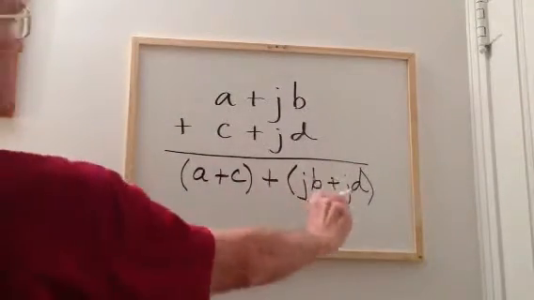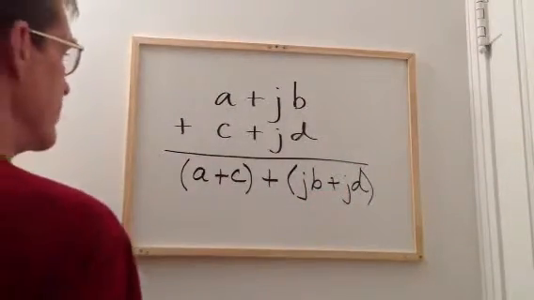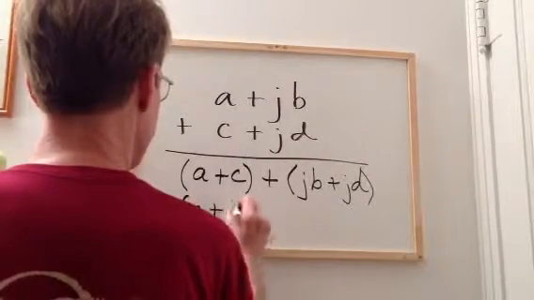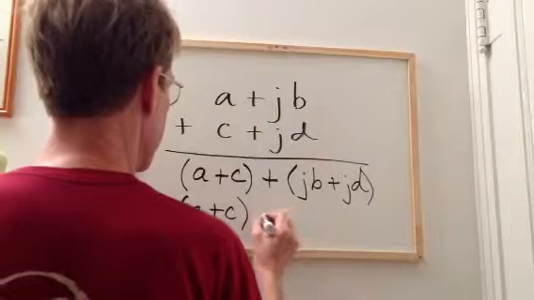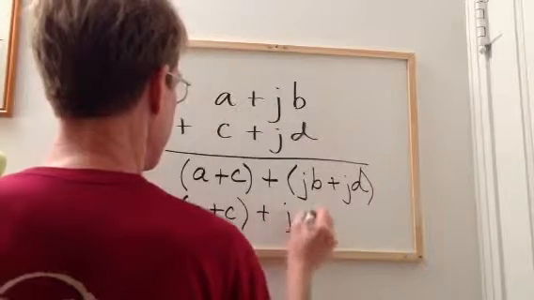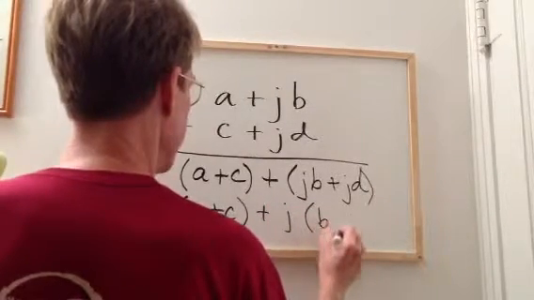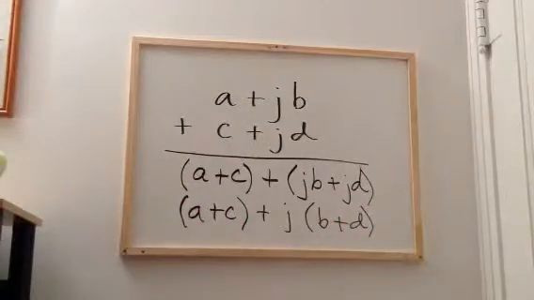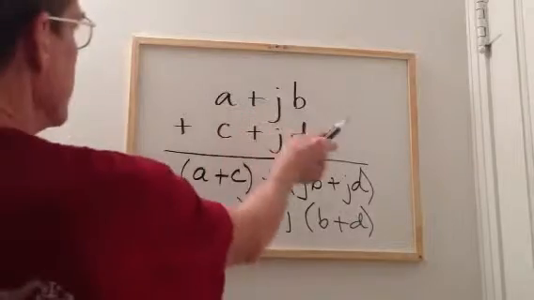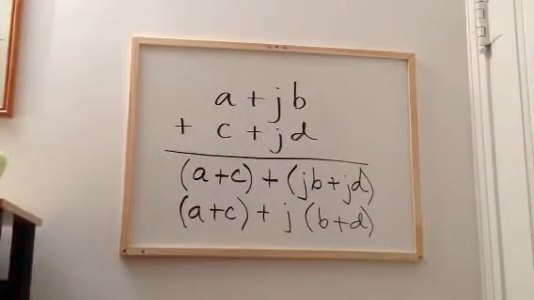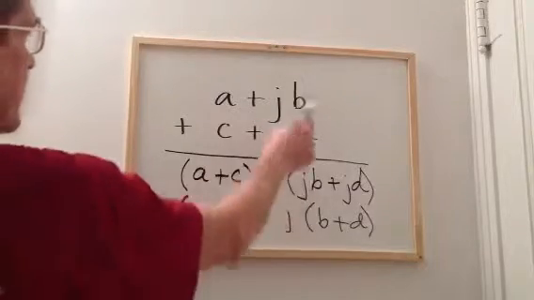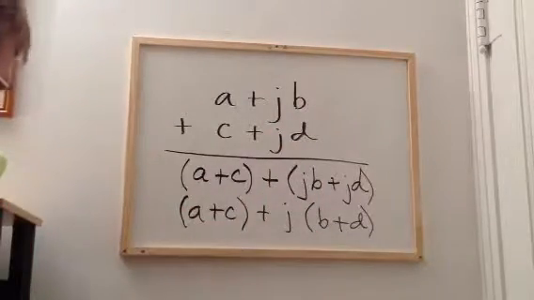If you'll remember your distributive rule from pre-algebra, we can take the J out and modify the equation so that we get that.